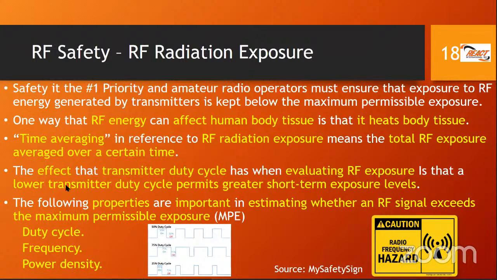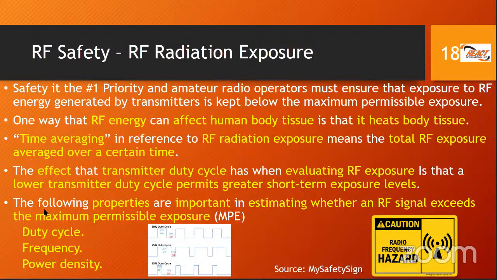So if the transmitter is transmitting for a lesser amount of time, you can have more exposure to it. If the transmitter is transmitting more, then you cannot stay in that range or that vicinity for as long.